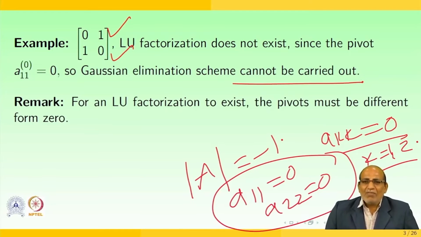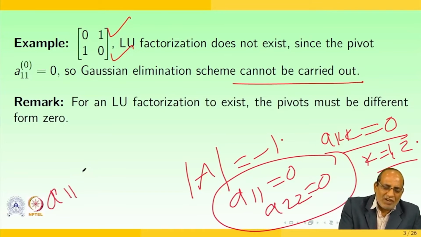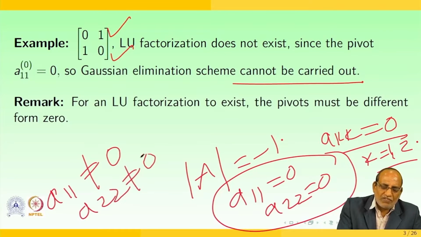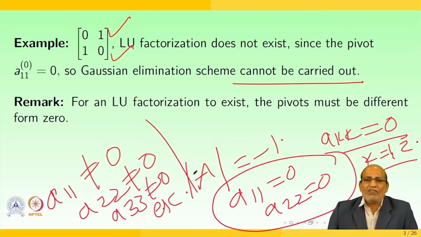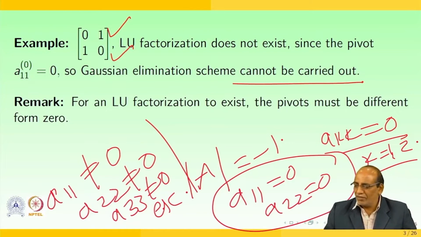The remark we learned from this example is that for an LU factorization to exist, the pivots must be different from 0. That means A11 should be nonzero, A22 should be nonzero, A33 should be nonzero, etc. So all the pivots should be nonzero so that we can find the LU factorization.